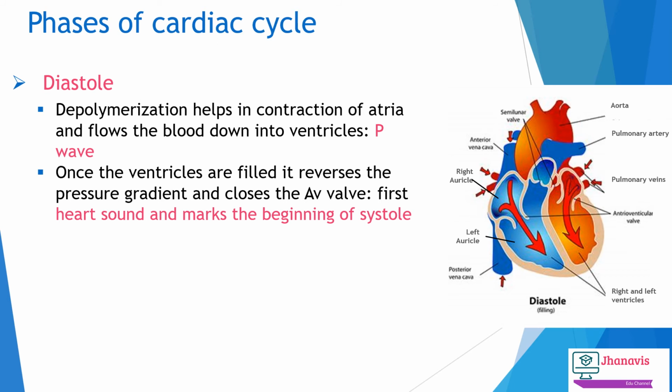I will explain the P wave once again there. But remember, when the blood is flowing from the right auricle to the right ventricle, this is called diastole, and we will call this the first half of the cardiac cycle, and it produces a beat which we'll call the first heart sound.